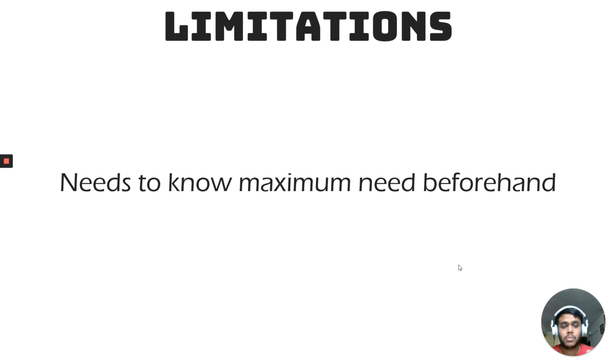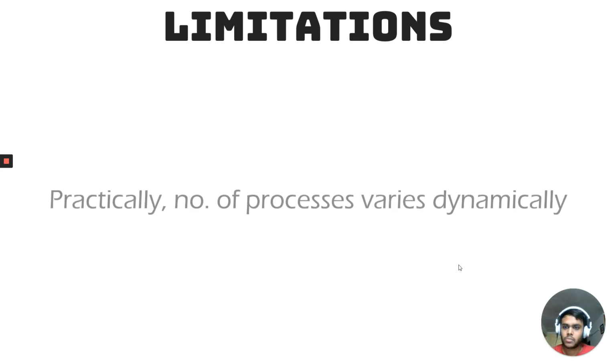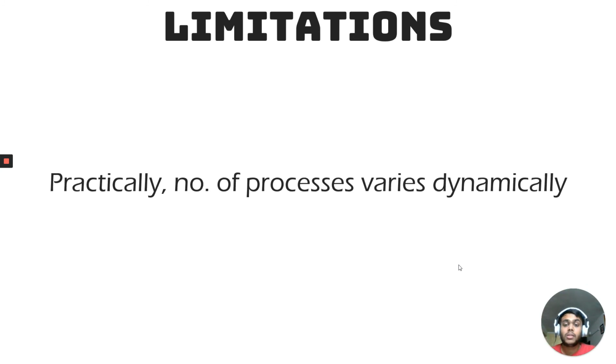It needs to know the maximum need of resources beforehand, while in practical life, this is impossible for operating systems in most cases. We do not know the maximum need, and the number of processes varies dynamically. That's not static. We do not know if there are 5 processes or 7. That can change anytime and the algorithm will fail in that case.